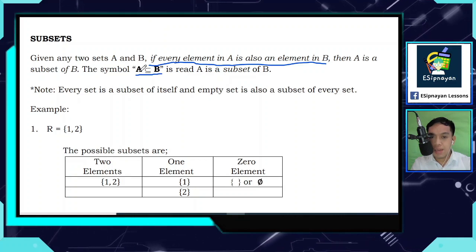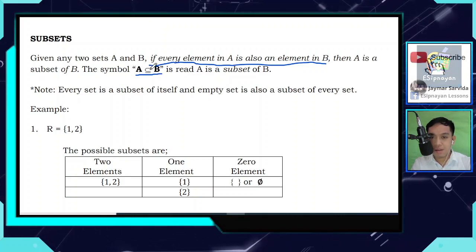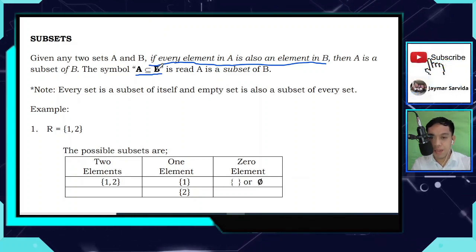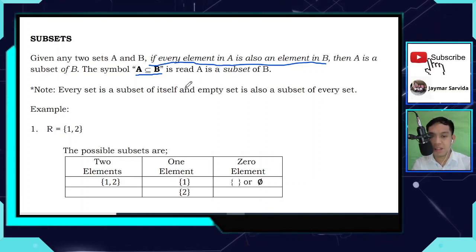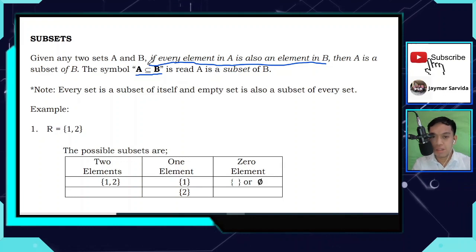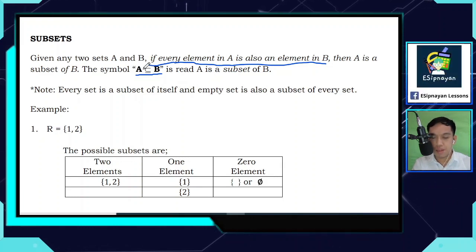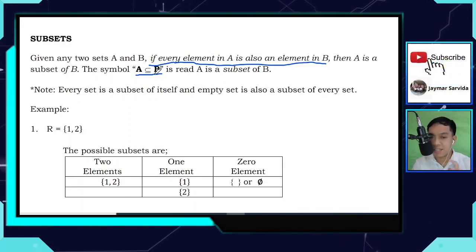And that is read as A is a subset of B. Ito yung parang U na pahiga na mayroong line sa baba. So, yan ang kanyang symbol ng ating subset.